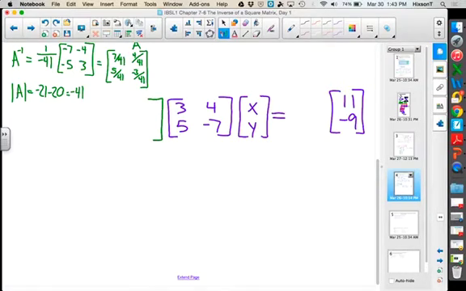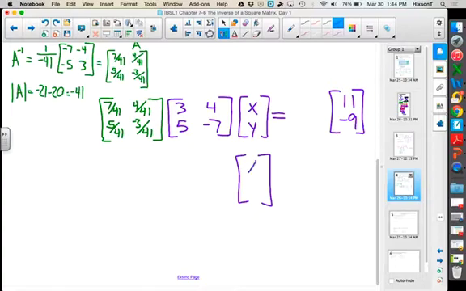We have 7 41sts, 4 41sts, 5 41sts, and negative 3 41sts. Now, do I need to do this matrix multiplication? No, because it's the identity, 1, 0, 0, 1. So in the end, this whole left-hand side just equals x, y, because again, this is the identity.